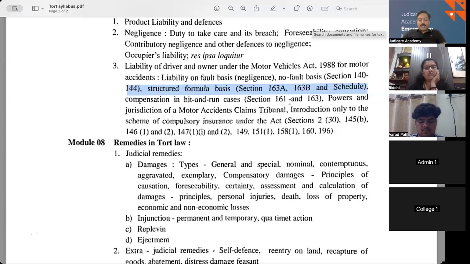In that case, they can apply for compensation under Section 161, ensuring that they are financially supported despite the offender's absence. Even if the offender is not present, the person still gets compensation. For example, a pedestrian is injured in a hit and run accident; he can claim compensation from the fund created by the Act.